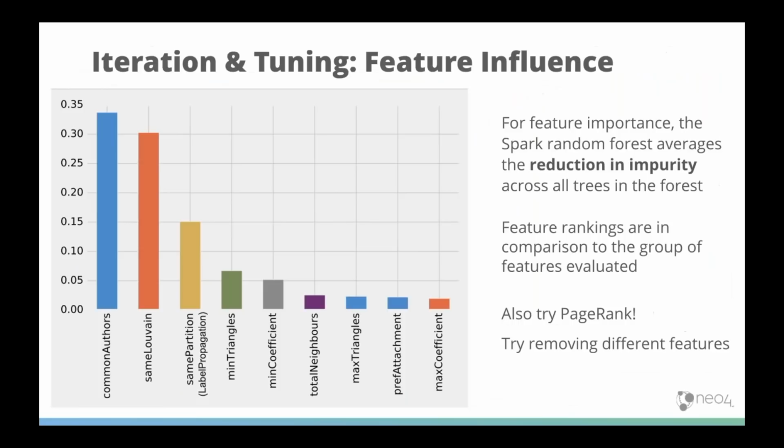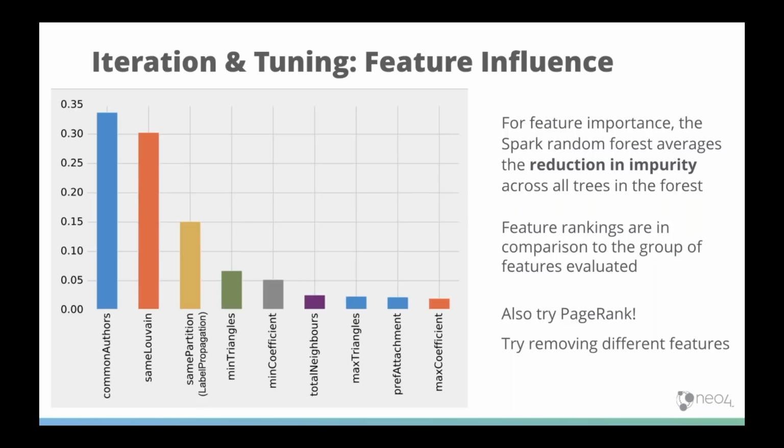Great, thanks. And then just thinking about iteration and tuning, as we've been talking about, is feature influence. For Spark, in the random forest, you can get an average reduction of impurity across all the trees in the forest, and that gives us a ranking of how much influence a particular feature had on our model in comparison to the other features.